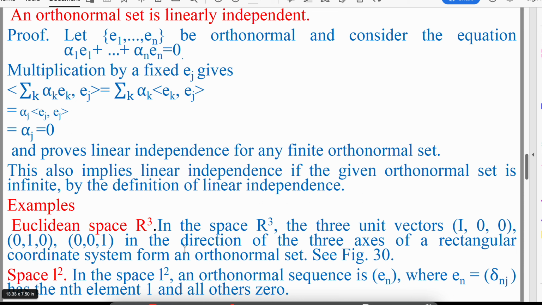Also in the space l square, an orthonormal sequence is en, where en is equal to delta nj. It has the nth element 1 and all other elements 0.